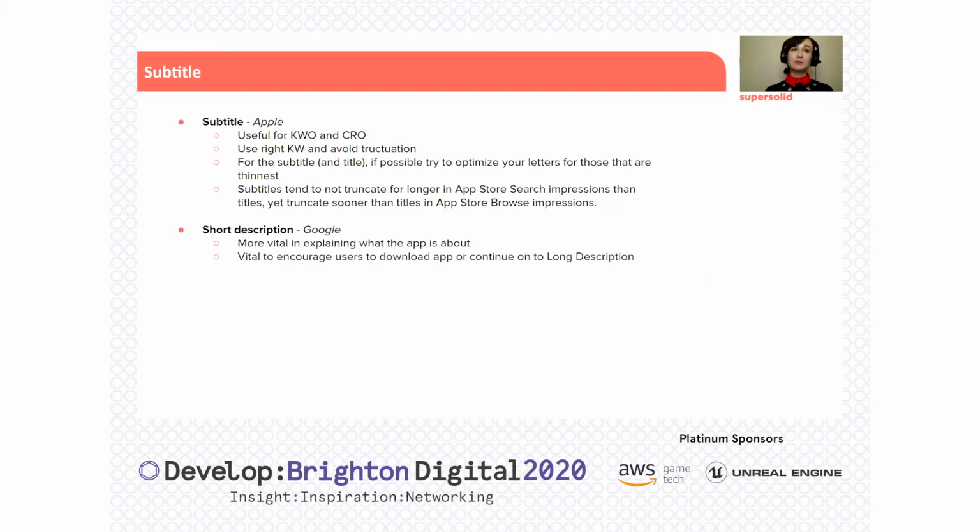And also for Google, the short description is quite important to explain what the app is about, because it encourages people to actually either download the app or continue on to the long description. So not only is it important for keywords, it's also important to say exactly what your app is about to the users.